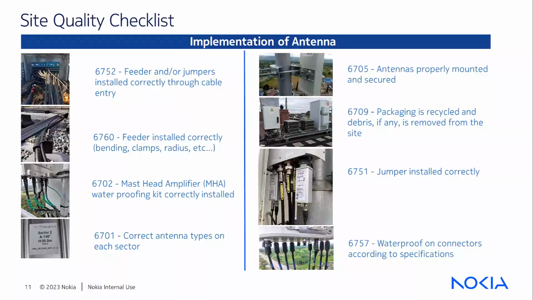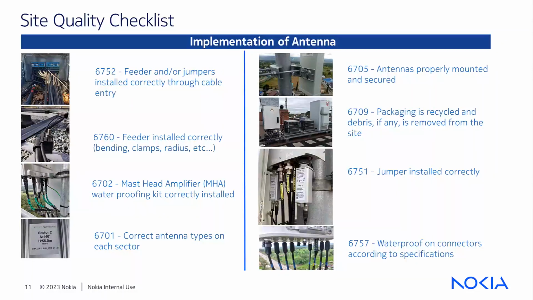These are a few examples of checkpoints for antenna installation. Feeder and jumpers installed correctly through cable entry. Feeder is installed correctly with proper bending radius using appropriate clamps. Mast head amplifier waterproofing kit correctly installed to prevent any kind of water seepage.